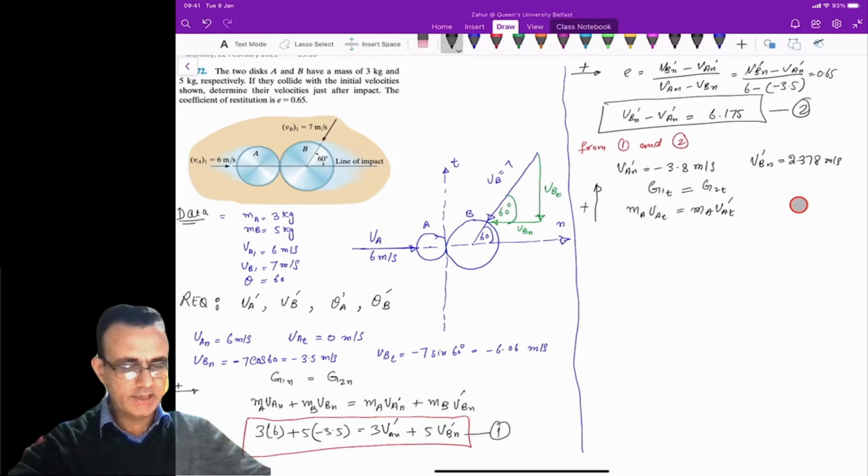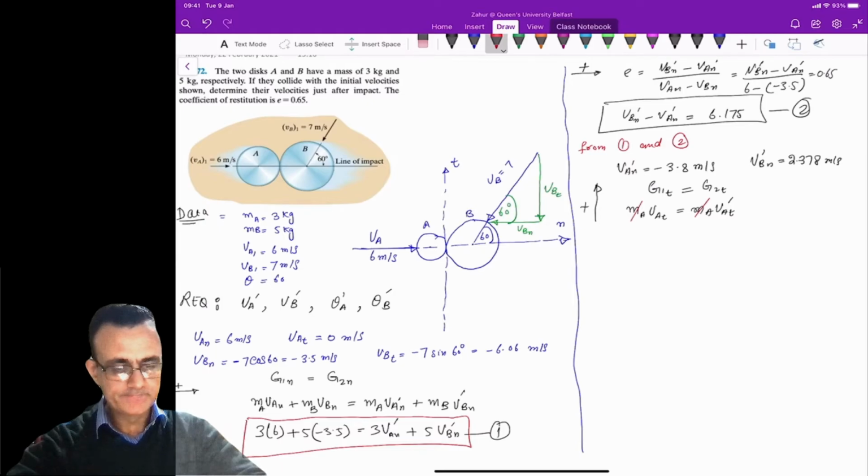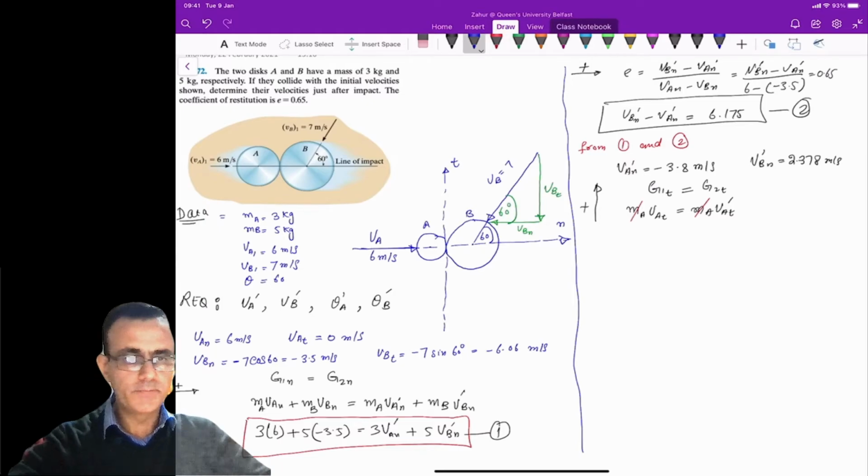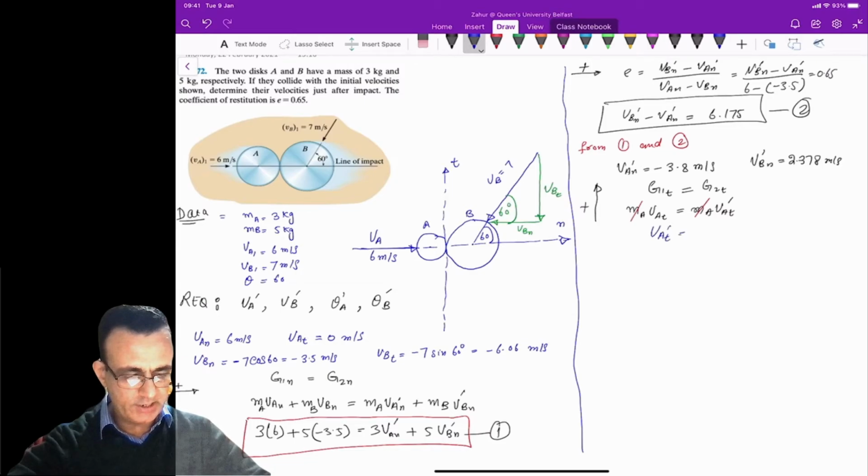Obviously you can cancel the mass here. So what you will get is VAt', because VAt is 0, so this will also be 0 meters per second.